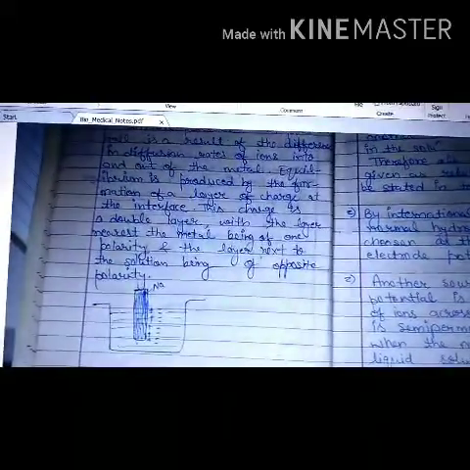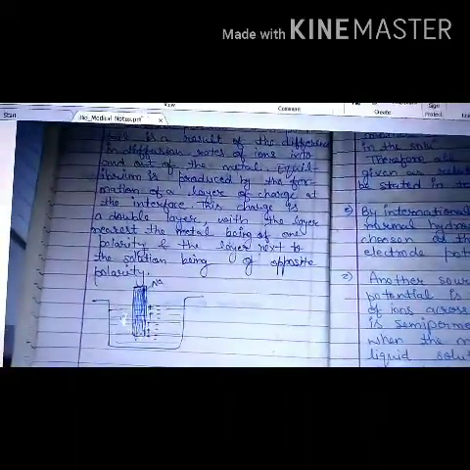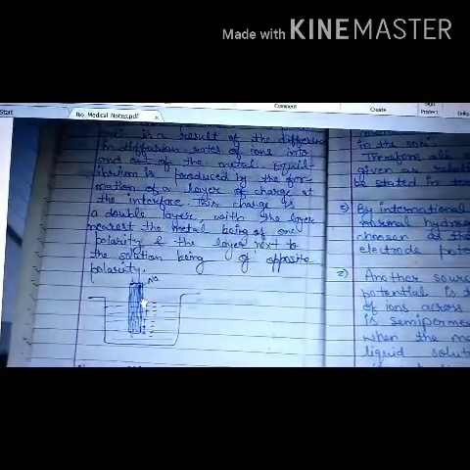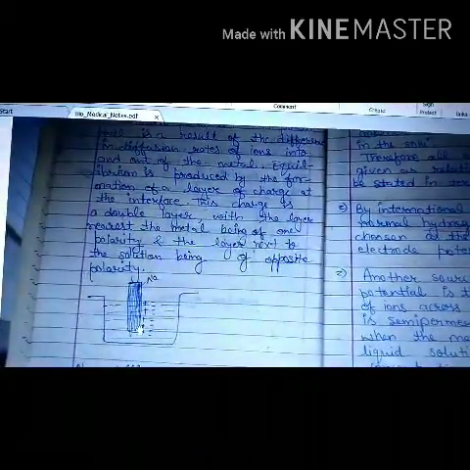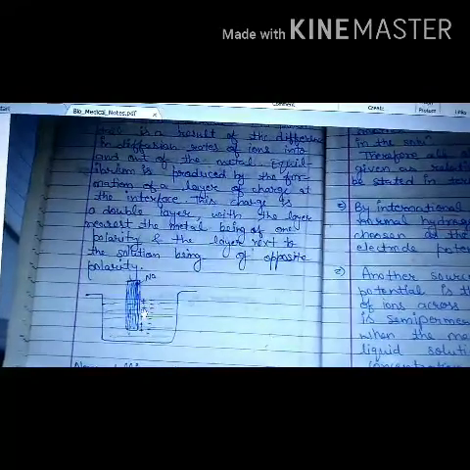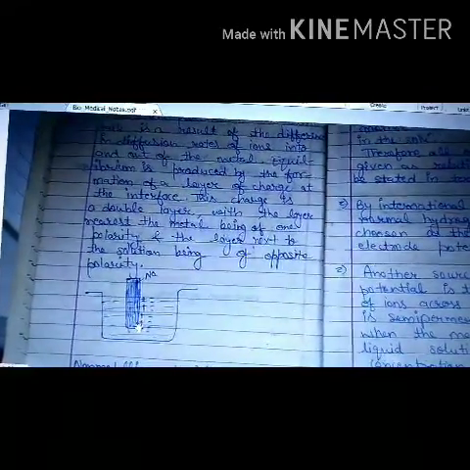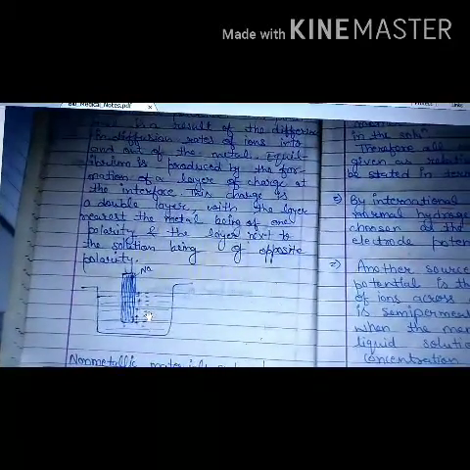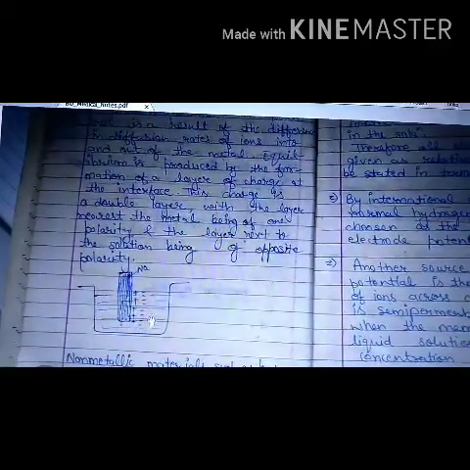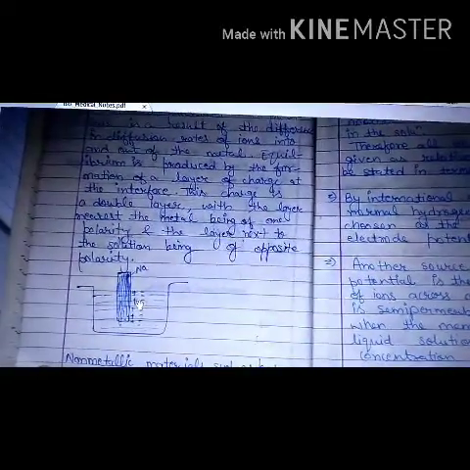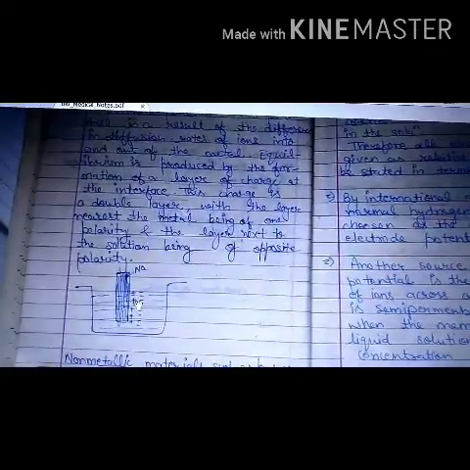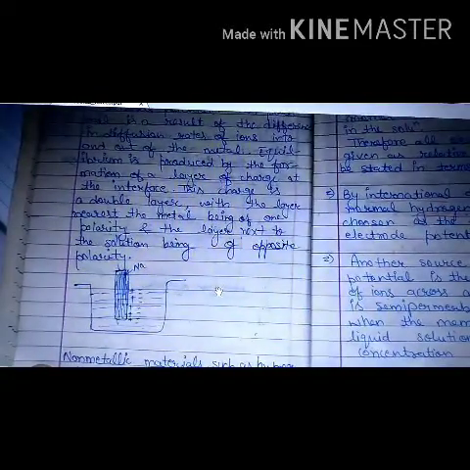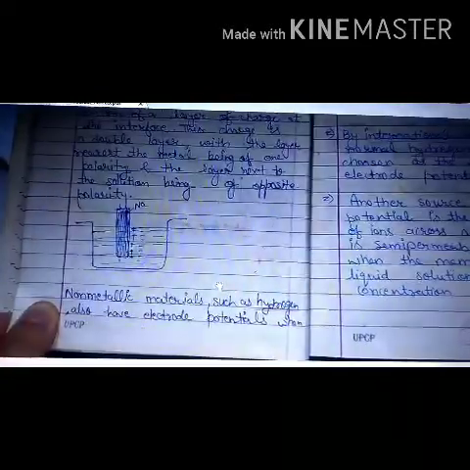So we can see this is an ionic liquid in which we have inserted an electrode. On the surface of the electrode one type of potential is generated, whereas the other type of potential is generated in the liquid. This results in the flow of charge carriers or current. So this charge is double layered, with the layer nearest to the metal being of one polarity and the layer next to the solution being of the opposite polarity.